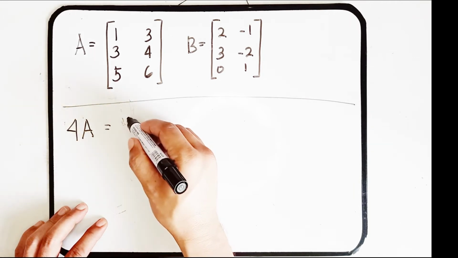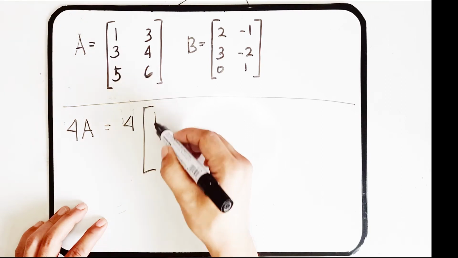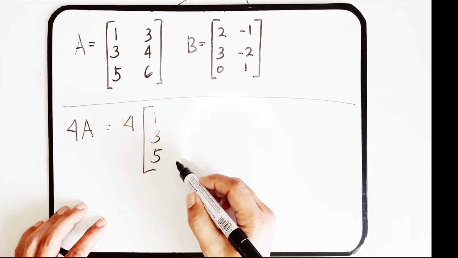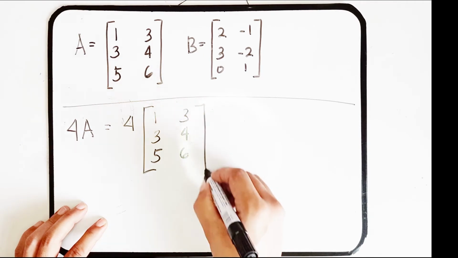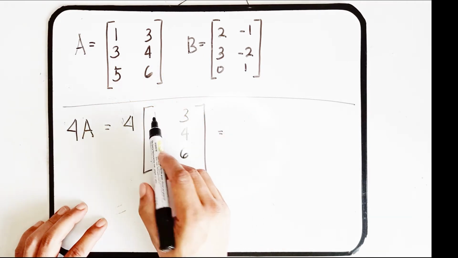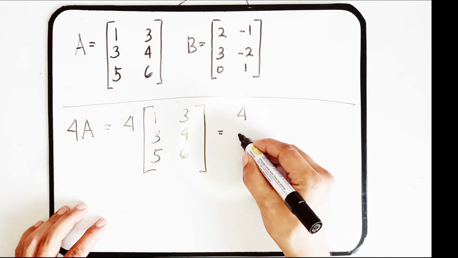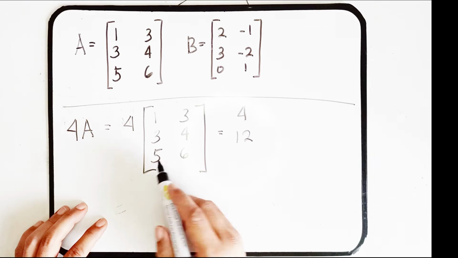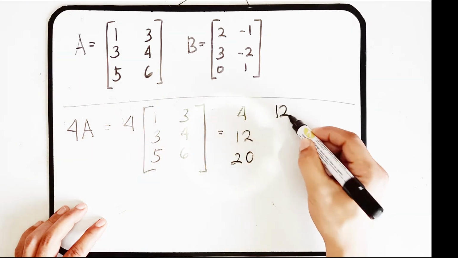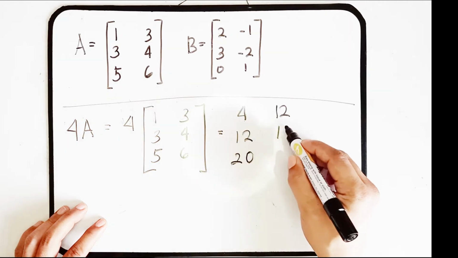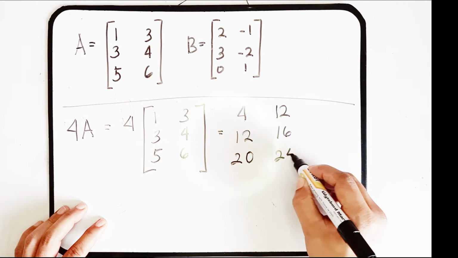So the way to do it is we have 4 here multiplied by A, and then 3, 4, 6. Okay, so 4 times 1, this becomes 4. 4 times 3, this becomes 12. 4 times 5, this becomes 20. 4 times 3, that is 12. 4 times 4, this is 16. 4 times 6, that is 24.